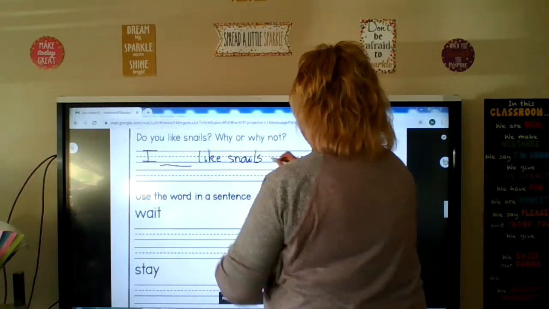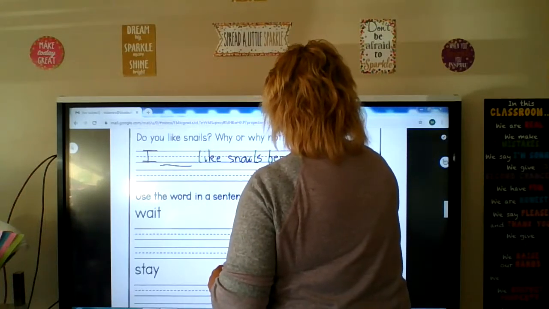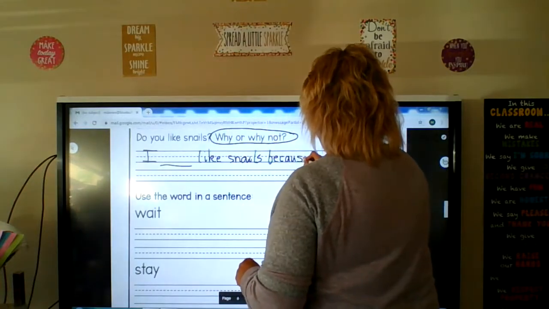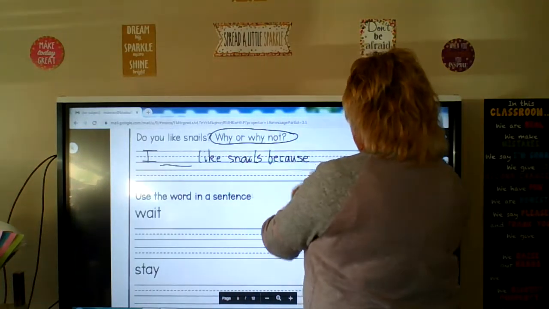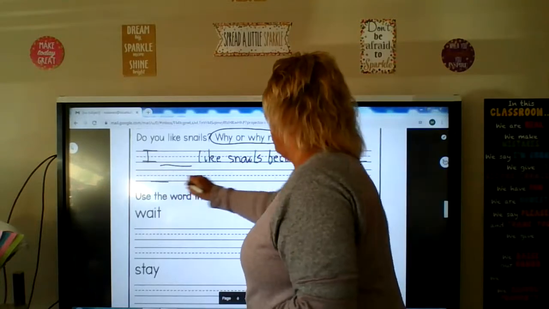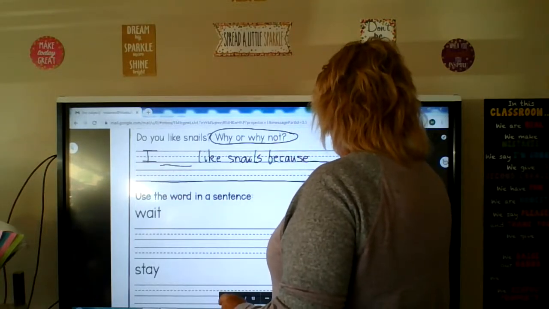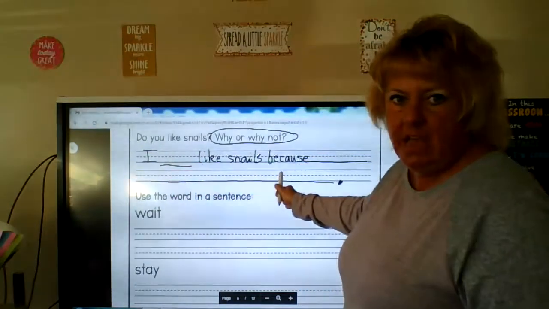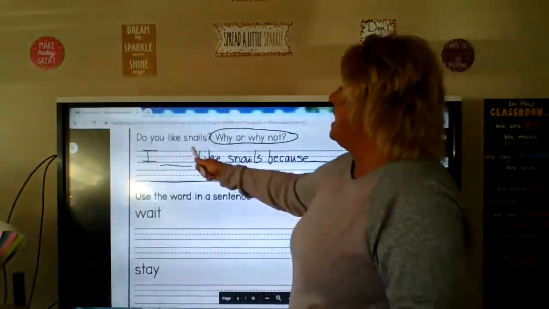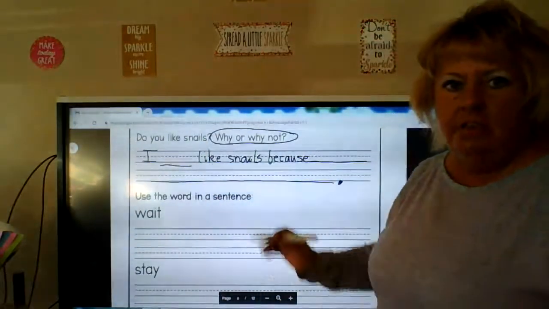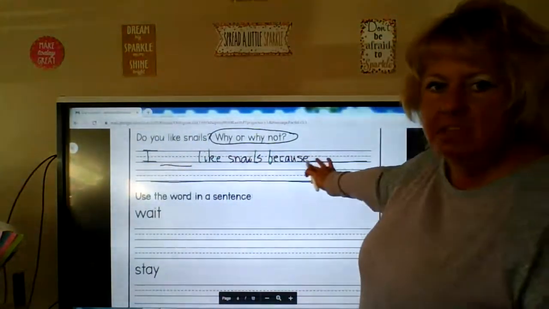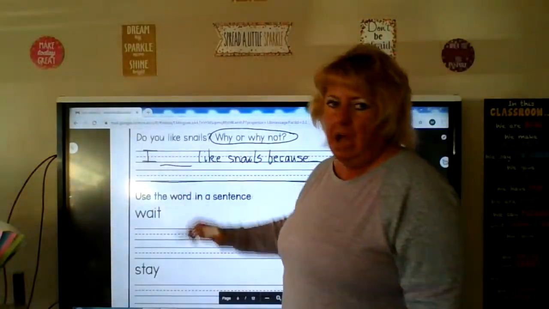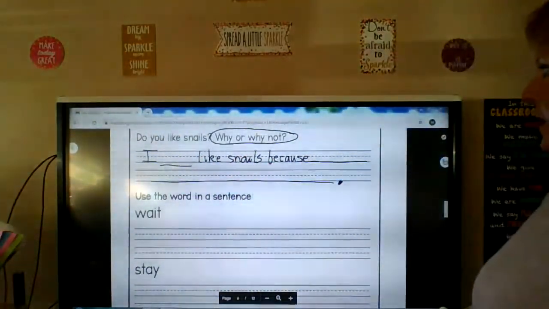I do like snails because, look, it says why or why not. You tell why you like them. Or if you wrote don't there, I don't like snails because, then you're going to tell why you don't like snails. So I'll give you a second to pause me and fill that in. That's your choice.